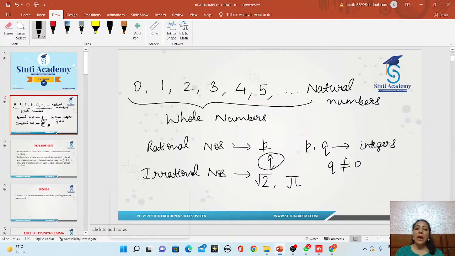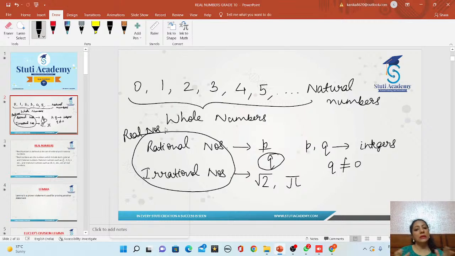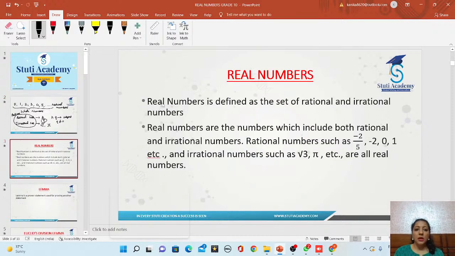Now suppose I combine the collection of rational and irrational numbers, then I get a new collection that is real numbers. So real numbers are defined as the set of rational and irrational numbers.